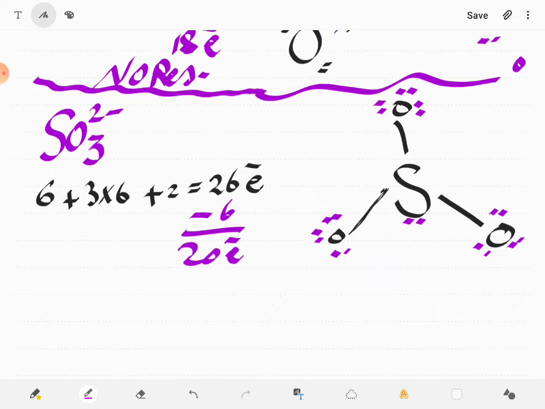What here then? Each oxygen has 6 electrons minus 7, so minus 1, minus 1, minus 1. What about sulfur? Right now it's 6 minus 1, 2, 3, 4, 5, so it's positive 1. In total I have minus 2.